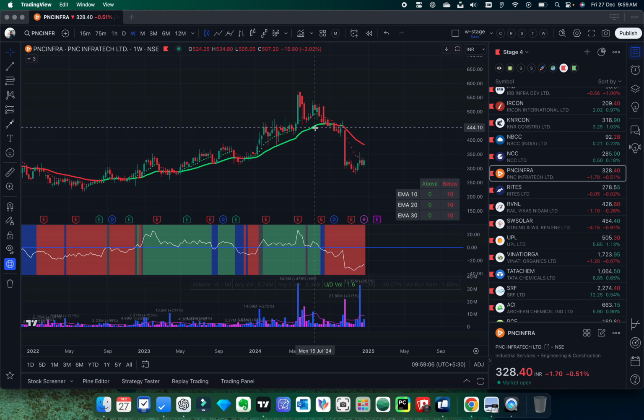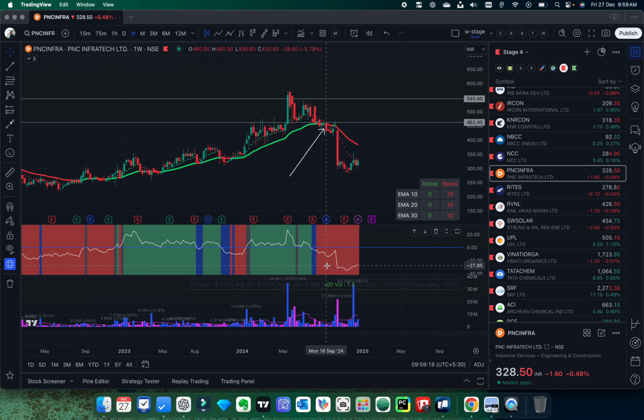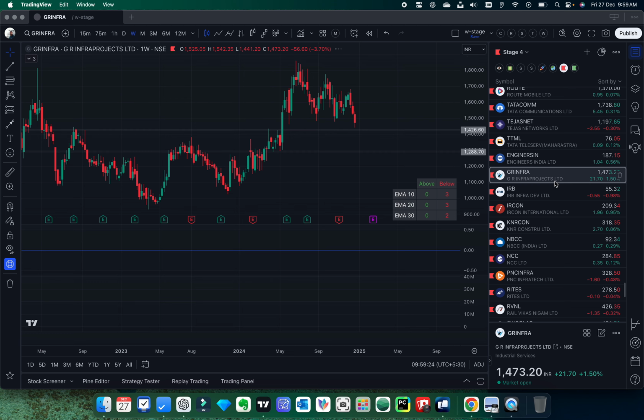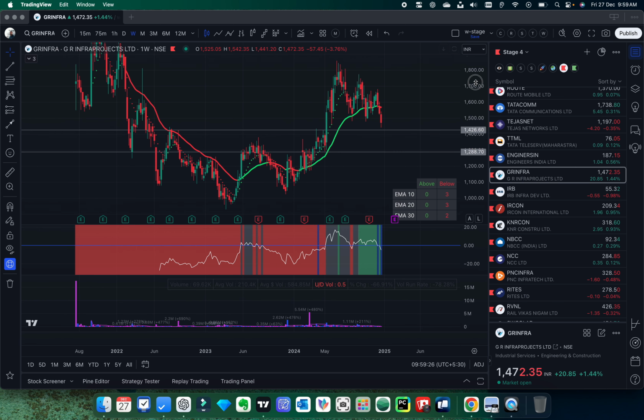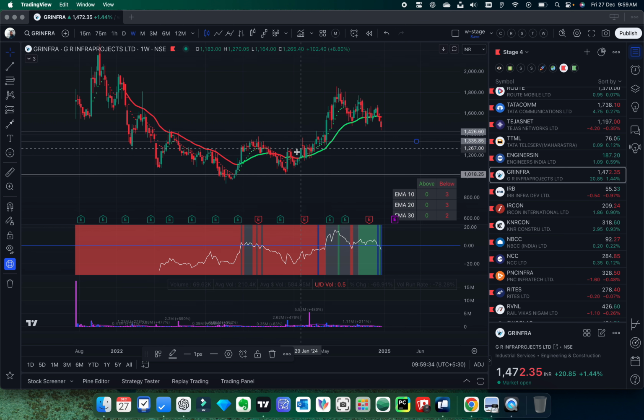Uptrend, topping area here, and from here breakdown and downtrend started, underperforming the market. Huge red volume over here. A well defined support here, broken out from this range.